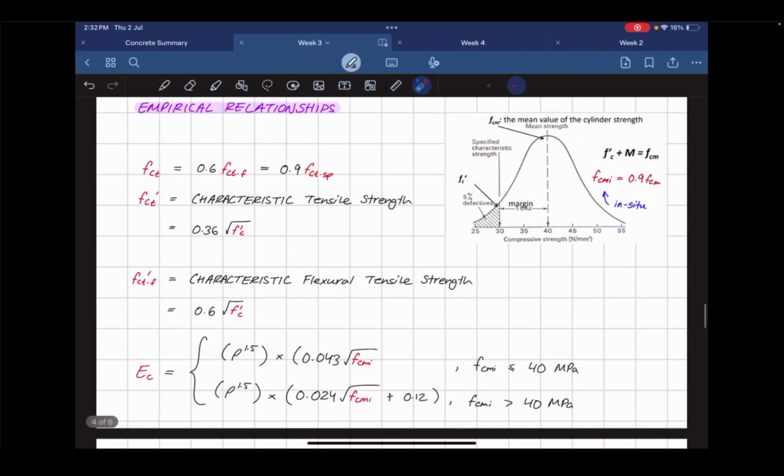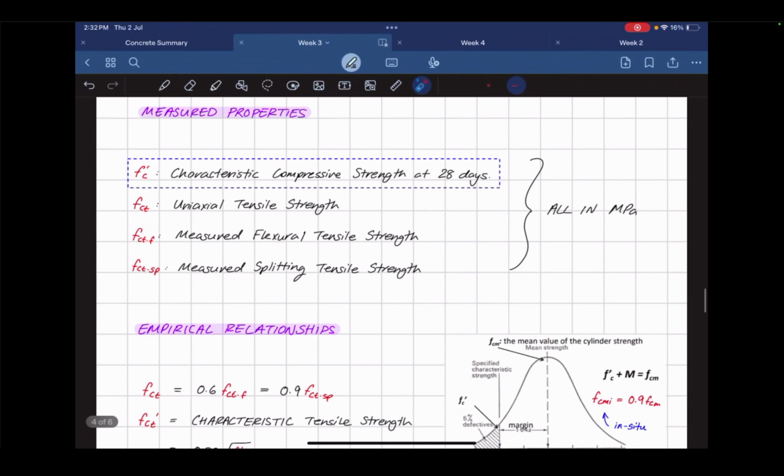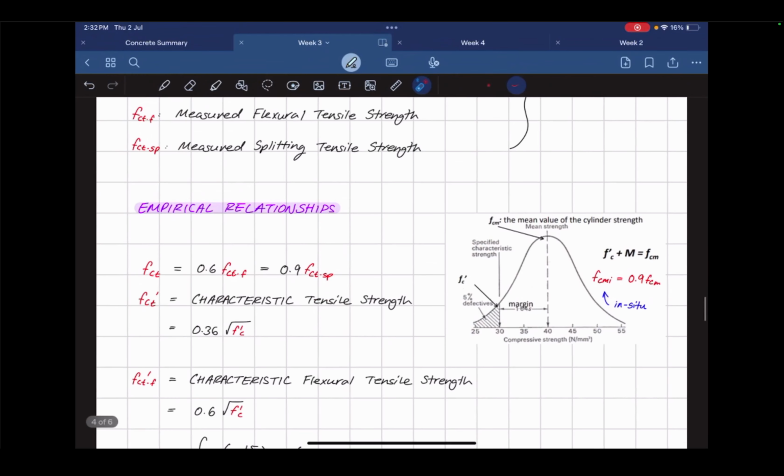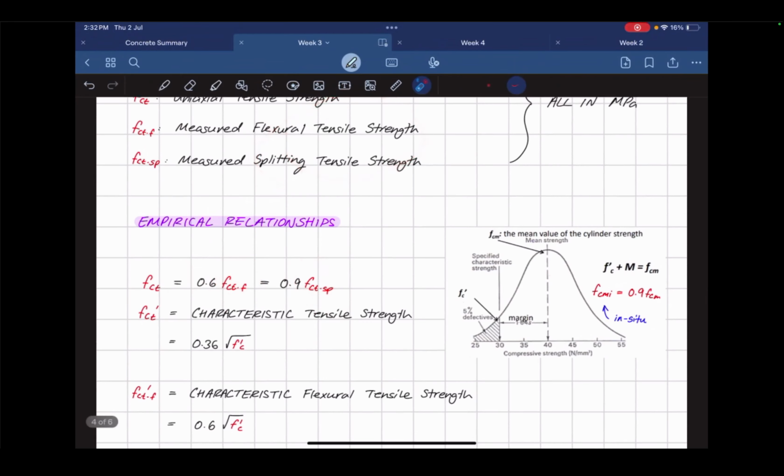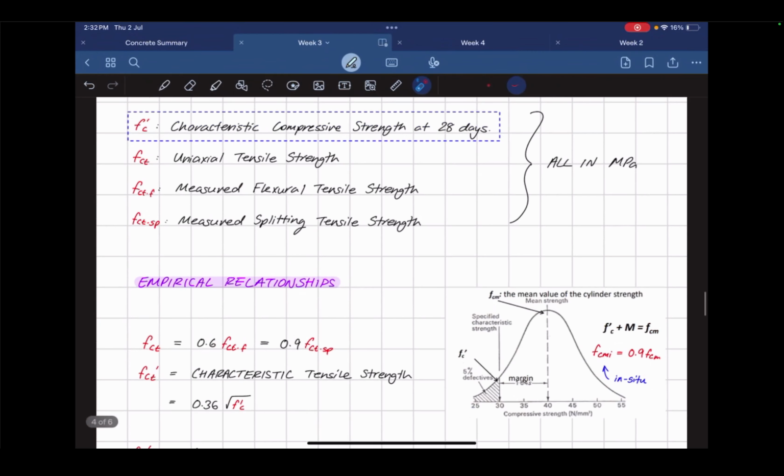Empirical relationships: you've got fct, the uniaxial tensile strength, and the direct relationship to these two. As I was saying last week, the uniaxial tensile strength is a lot more accurate and gives us a lower strength compared to these two.